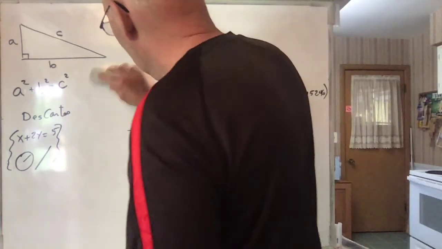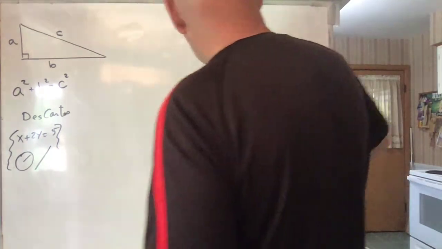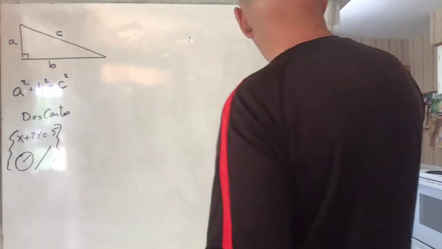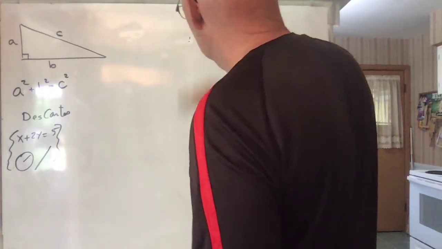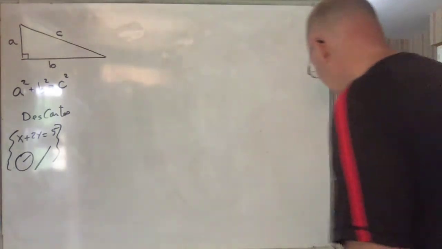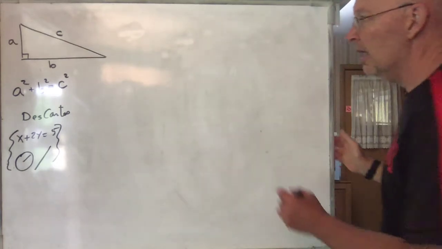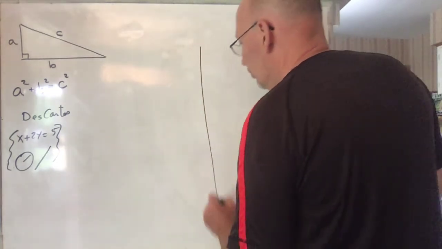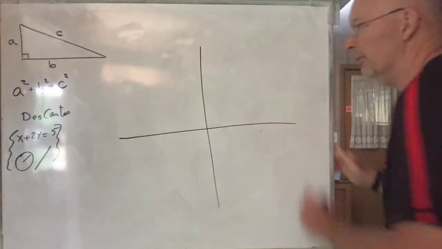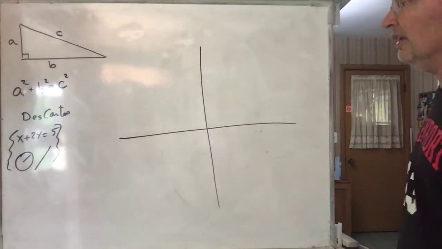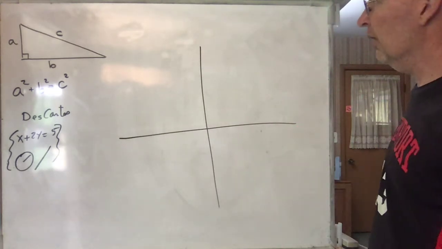Okay? So, he was the one that invented that. It seems easy enough. You're probably familiar with it, but he gets it named after him because he first thought of it. And now, let's use Pythagorean's theorem to see if we can get the equation for a circle.